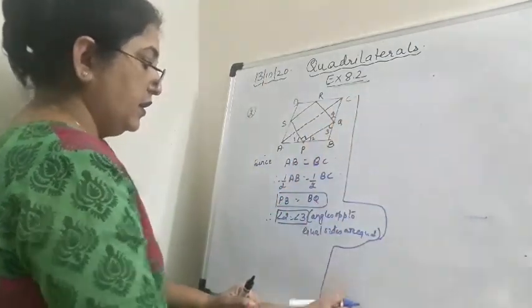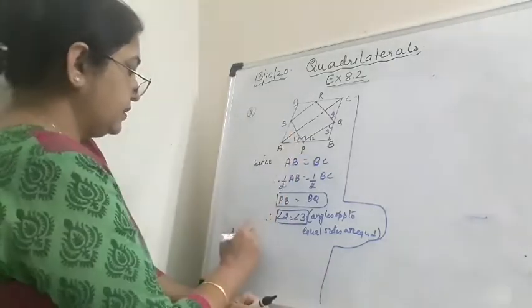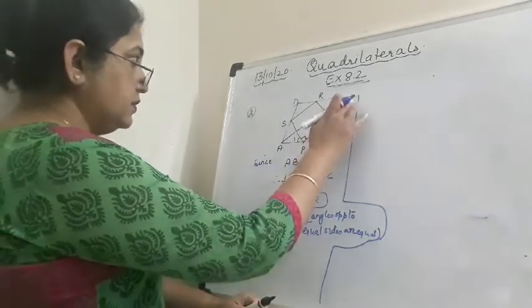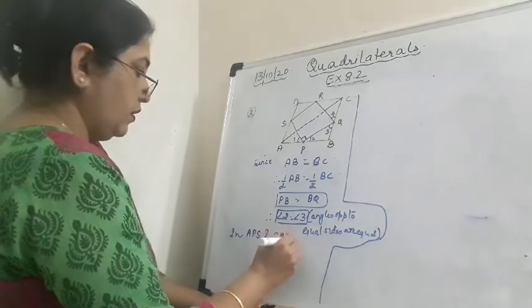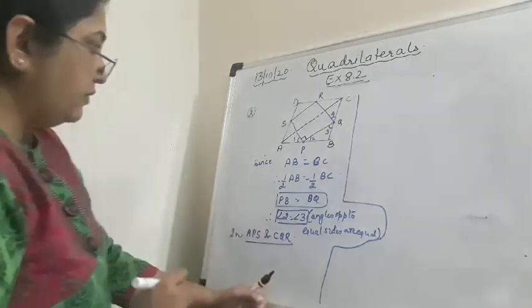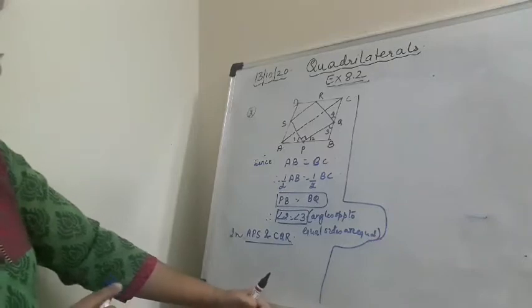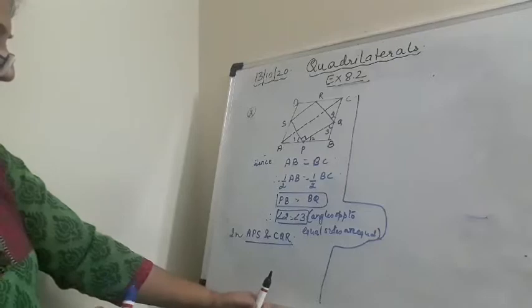Next, in triangle APS and triangle CQR, can we say the lengths are equal?